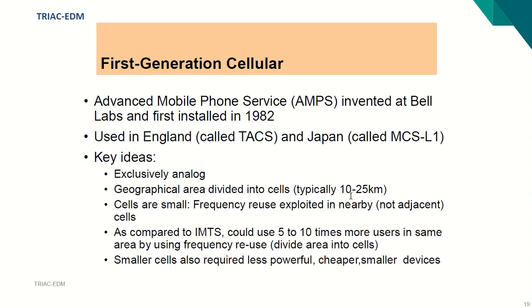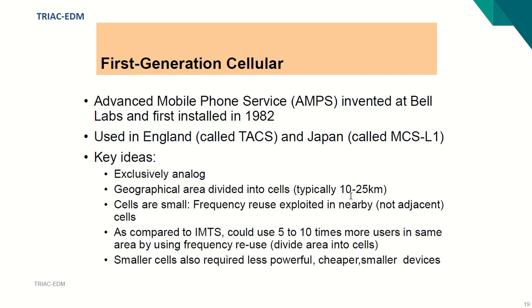And you know that by using a large cell like 10 to 25 km, the channels don't get to be reused very efficiently. As a result, we're wasting a lot of resources in frequency.